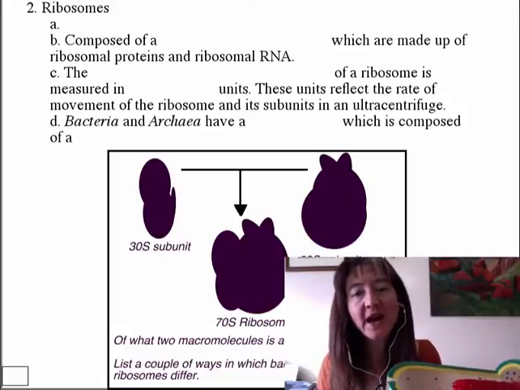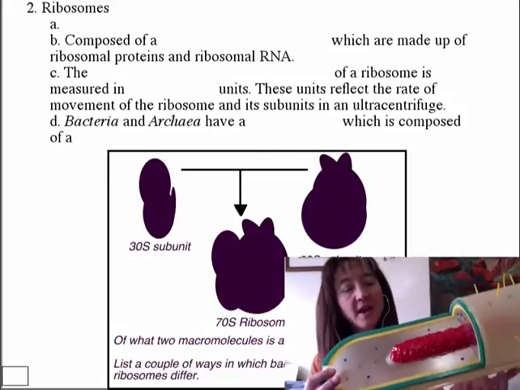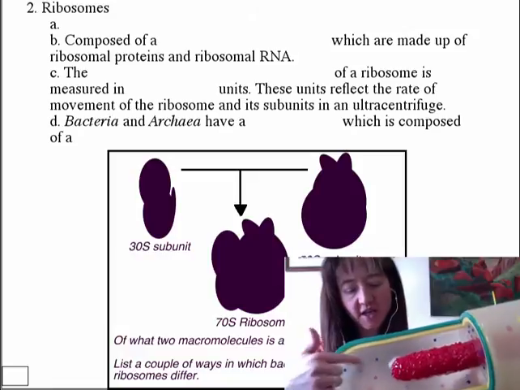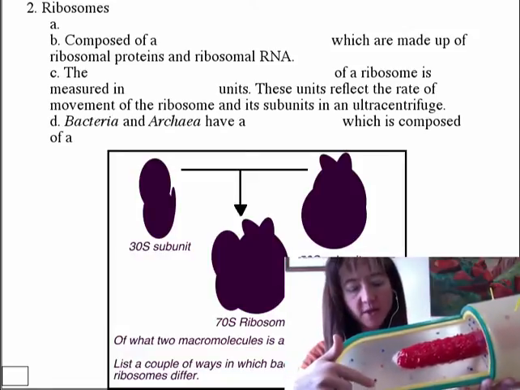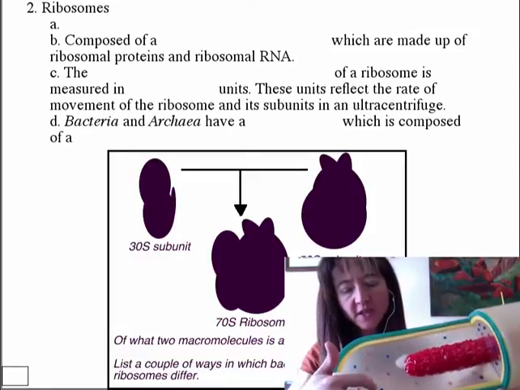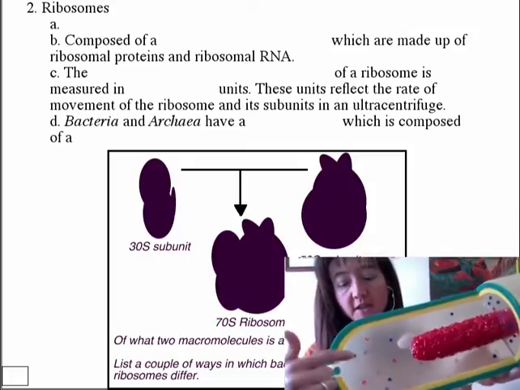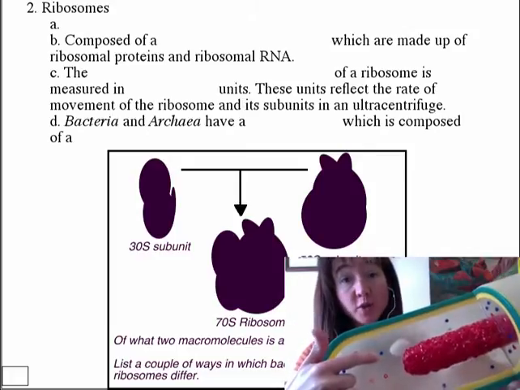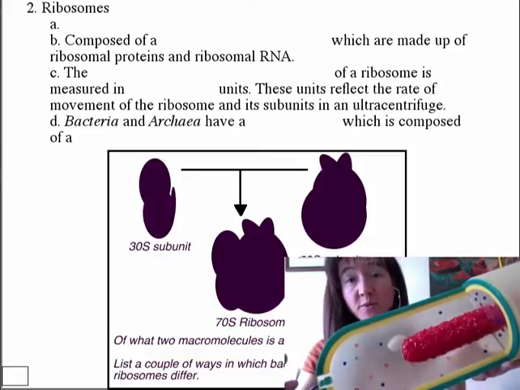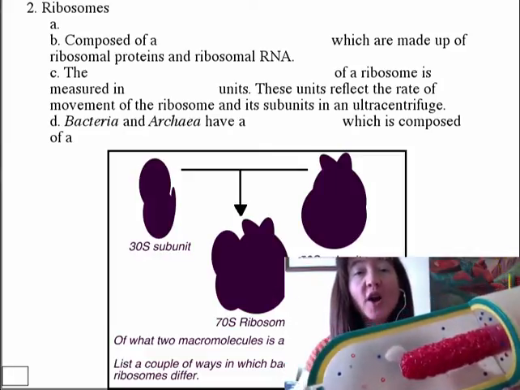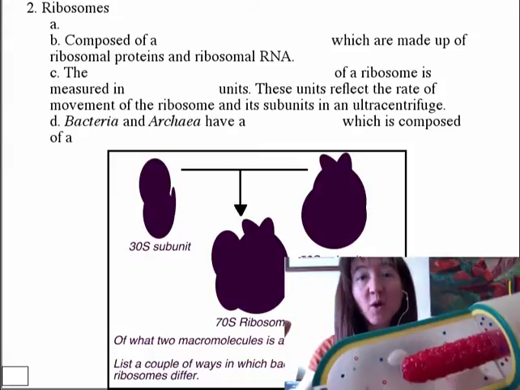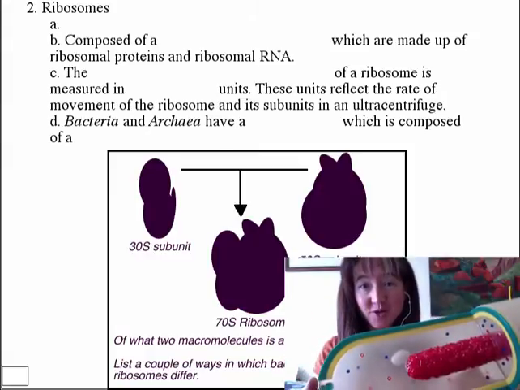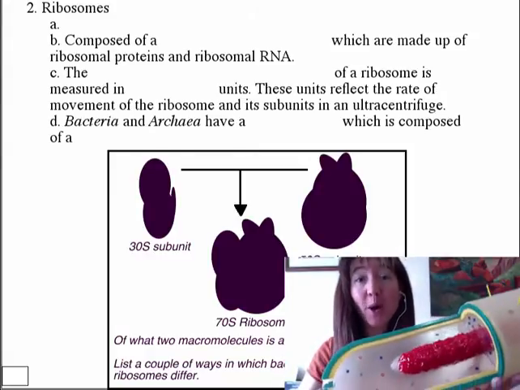So let's return back to Norbert's cytosol and further take a journey here into some of the functional components within the cytosol. You'll notice that there are these little blue dots, and in our model, these little blue dots are supposed to represent the ribosomes. The ribosomes are, in my mind, one of the most highly misunderstood cytosolic components.